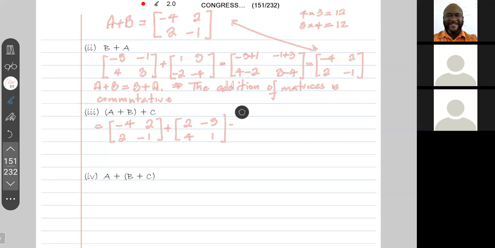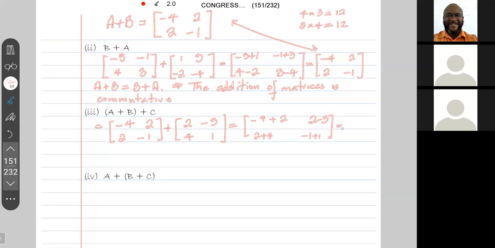So this is minus 4 plus 2, 2 plus minus 3, which is the same as saying 2 minus 3, 2 plus 4, and minus 1 plus 1.